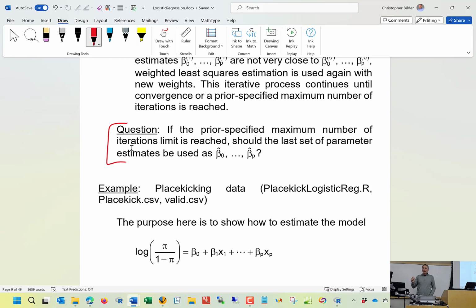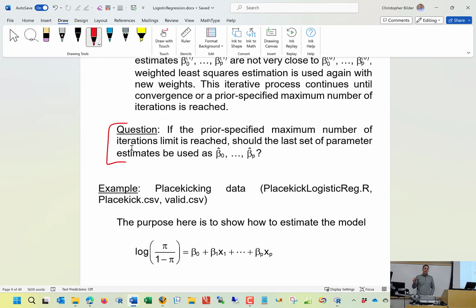Now, there will be times where, let's say you've set a maximum number of iterations of 20, and at iteration 20, that log likelihood function is still increasing. Your betas are still changing. When that happens, you have what's called non-convergence.